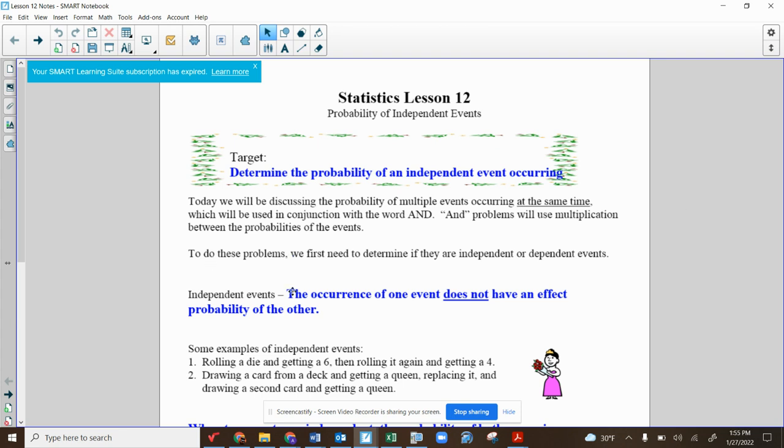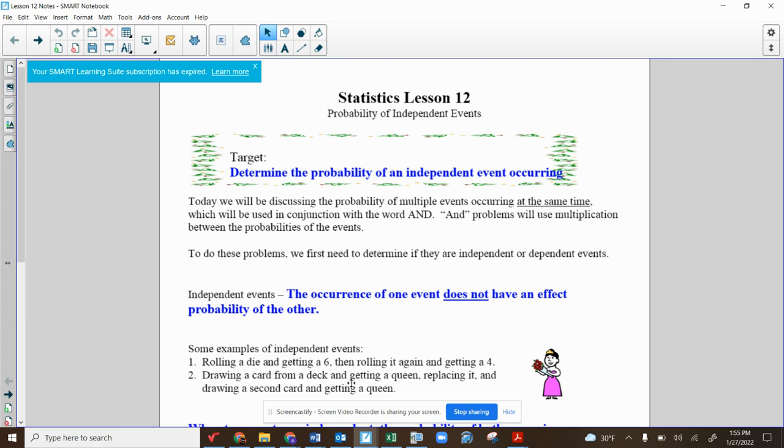In an independent event, the occurrence of one event does not have an effect on the probability of the other. For instance, if I roll a die and I get a 6, then I pick that die up and roll it again and get a 4. It really has no bearing whether I rolled a 6 or a 2. Me getting a 4 is me getting a 4.